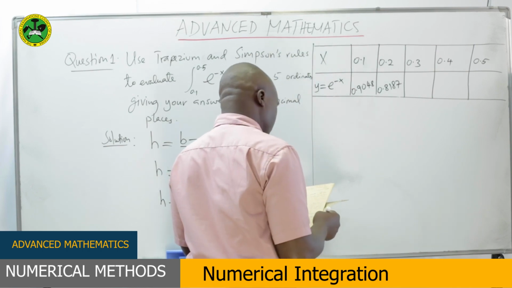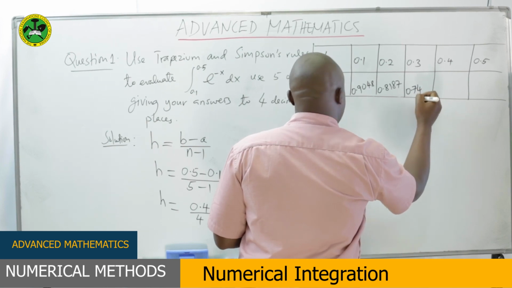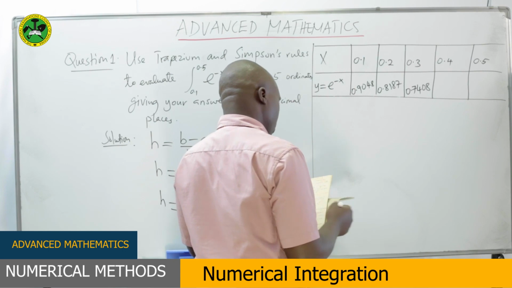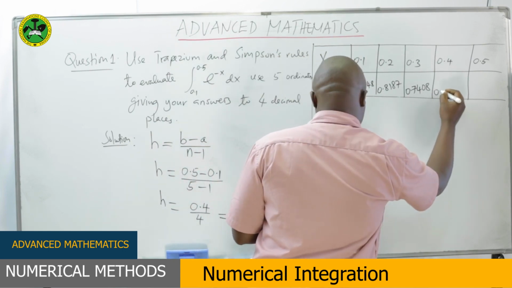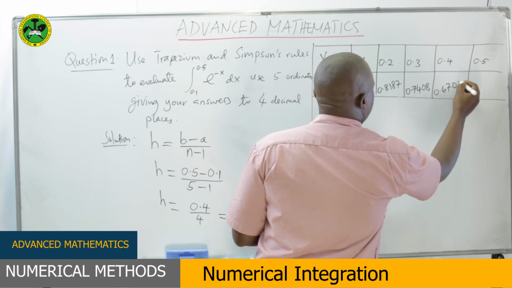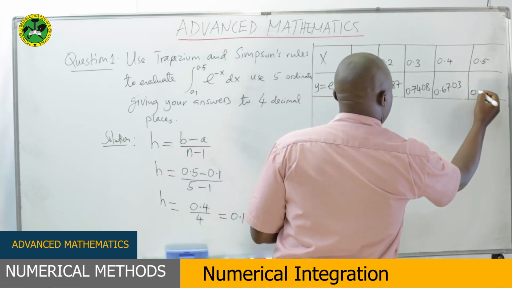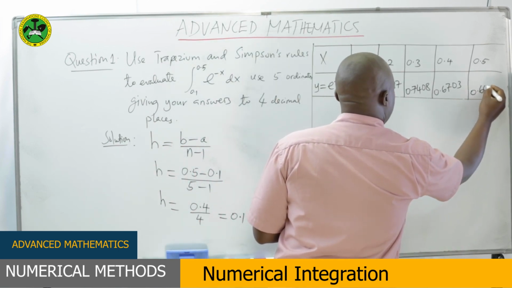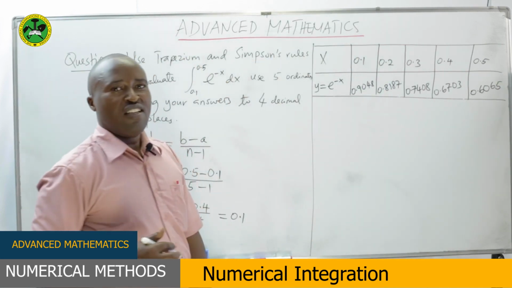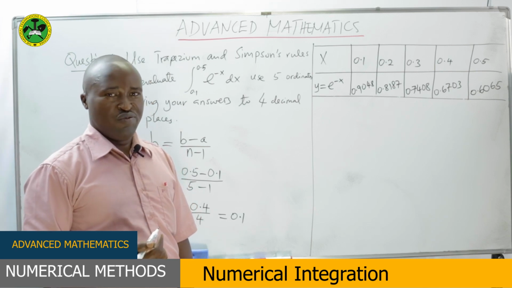Then 0.3 gives 0.7408. Then 0.4 gives 0.6703. And for the last one, 0.5, we have 0.6065.